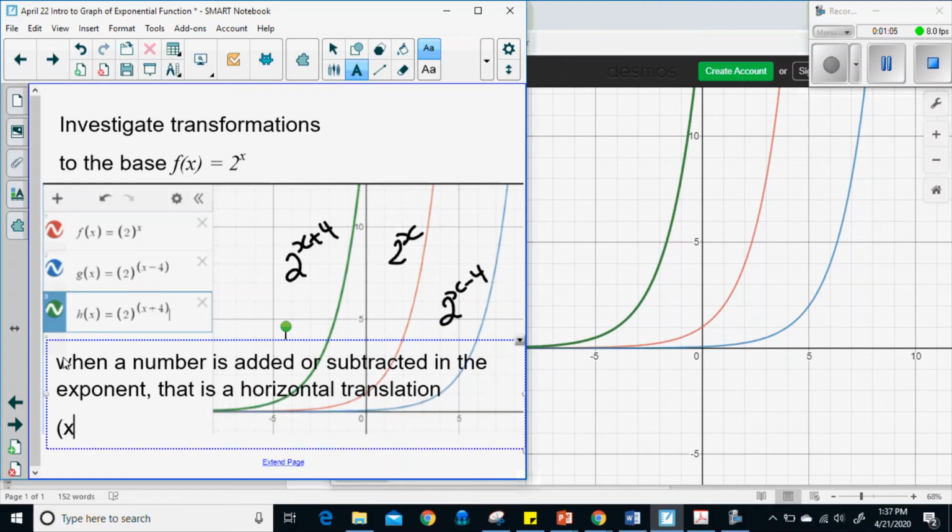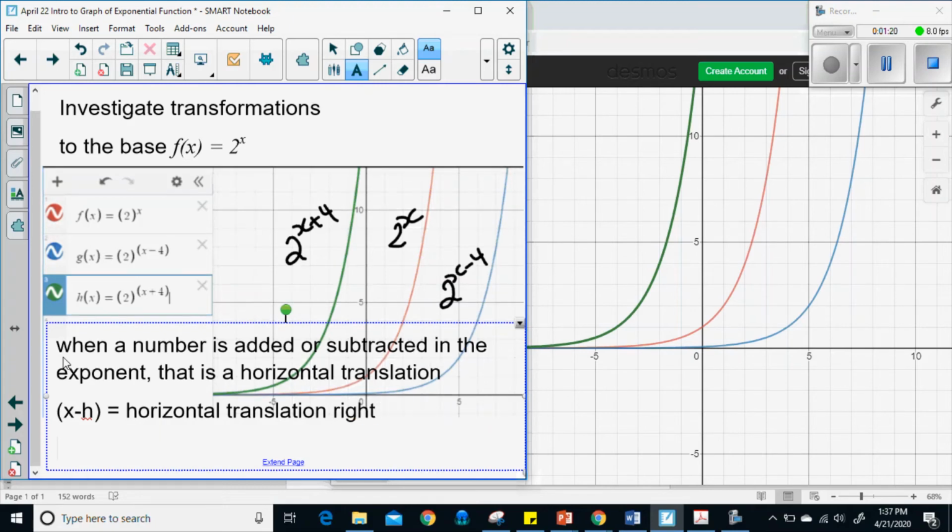And when we see x minus that number, that equals a horizontal translation to the right. And if I have x plus that number, that equals a horizontal translation to the left by that many units.